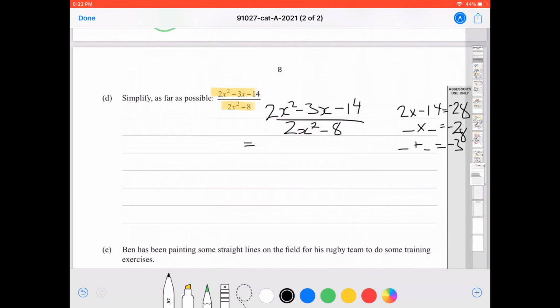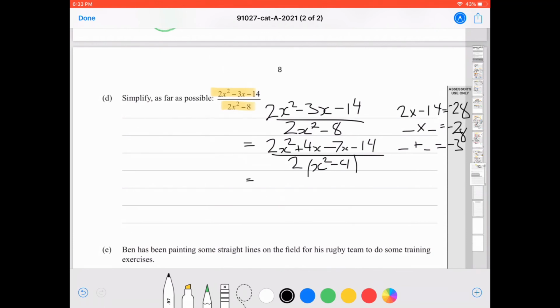So we can say for the numerator, 2x squared plus 4x minus 7x minus 14. It's all over, and we can also factorize our denominator as well. We can take a common factor of 2. We can say x squared minus 4.